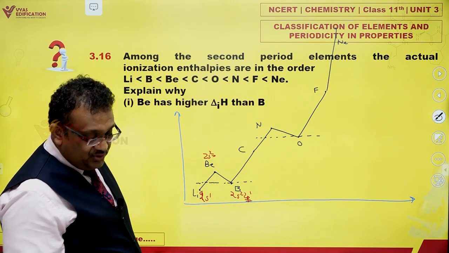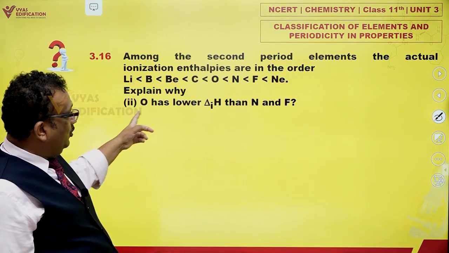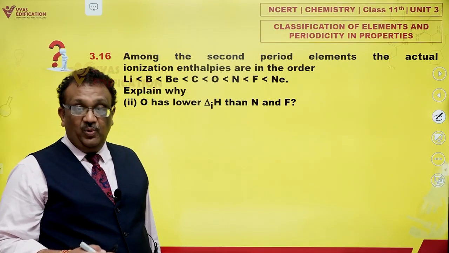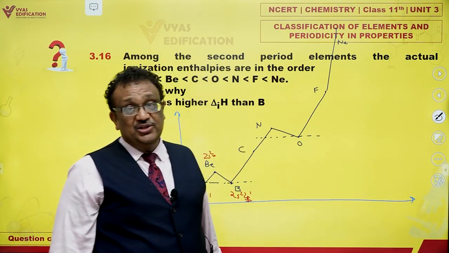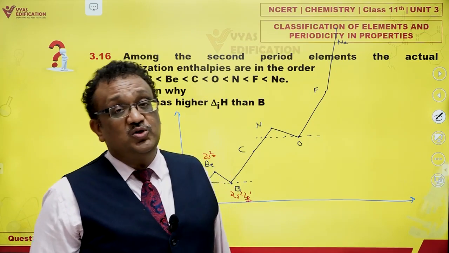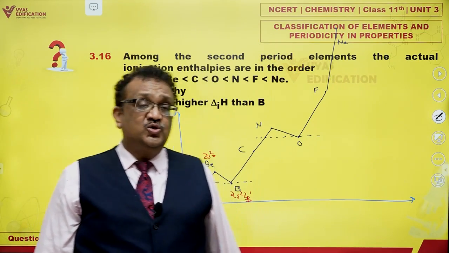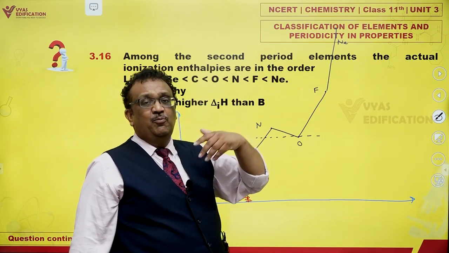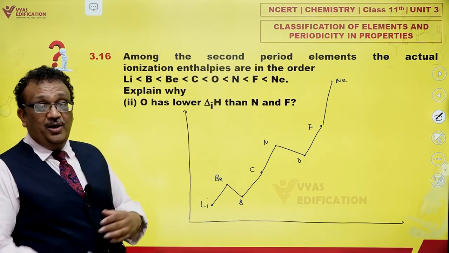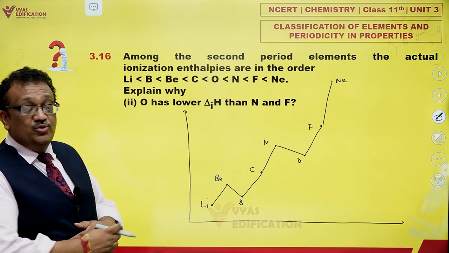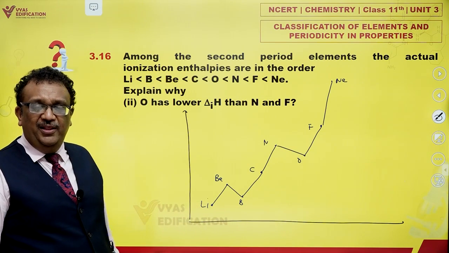And then we have the next question also. Oxygen is lesser than nitrogen and fluorine. Why is it? Across the period, ionization energy anyway increases because of the increase in nuclear charge. So fluorine was very much expected to be more anyway. We are worried about why oxygen has lower delta H ionization than nitrogen and fluorine. How do we explain that?